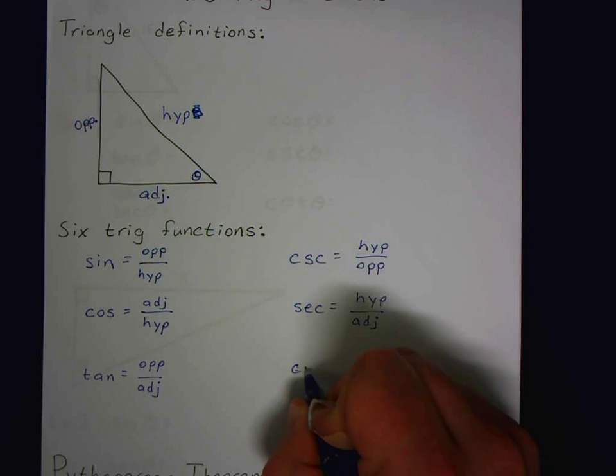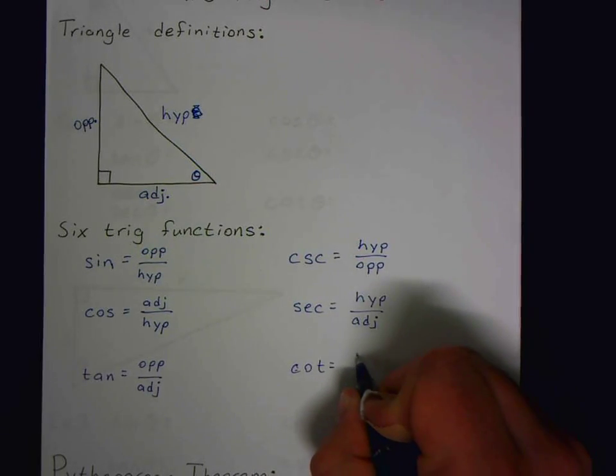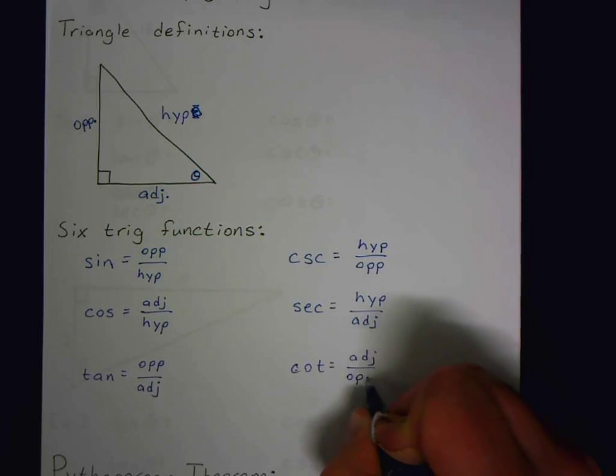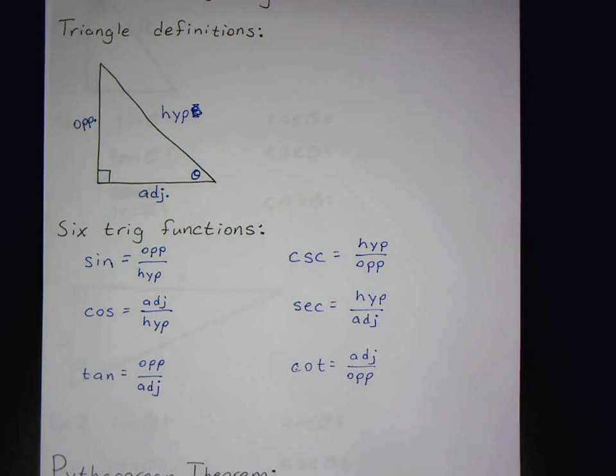And cotangent is adjacent over opposite. So that's your first bit of memorization.